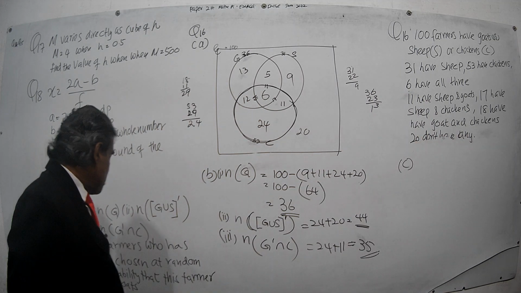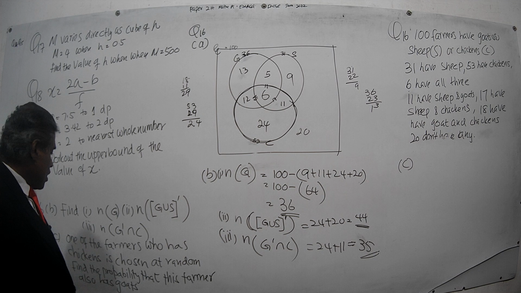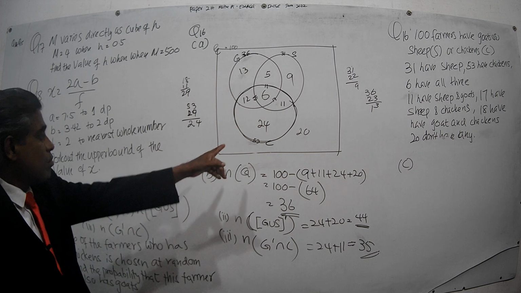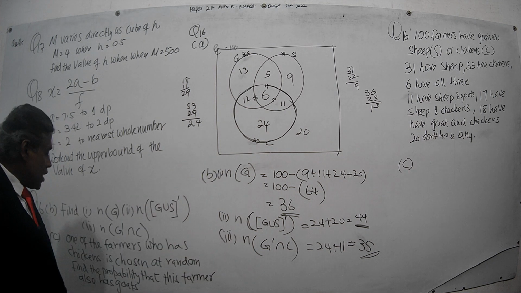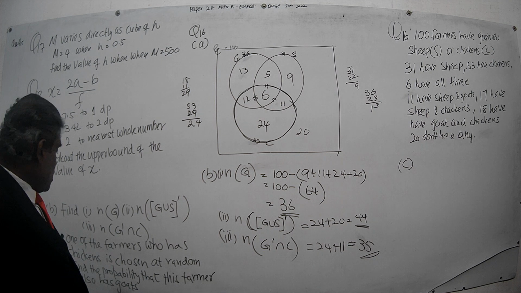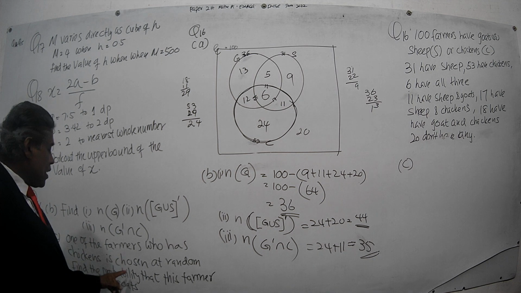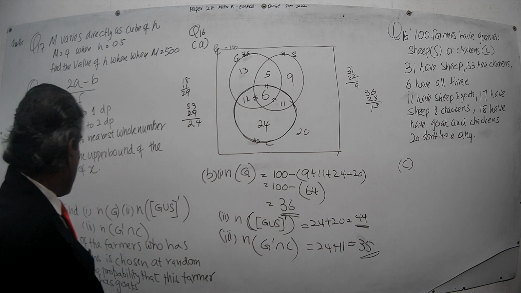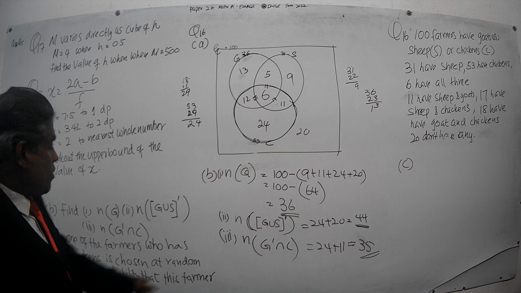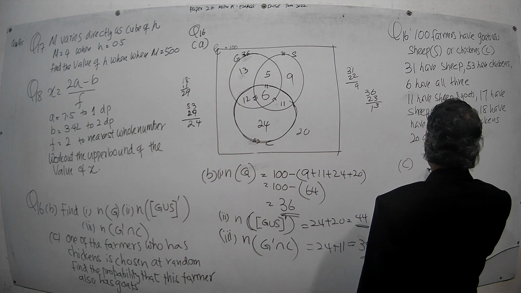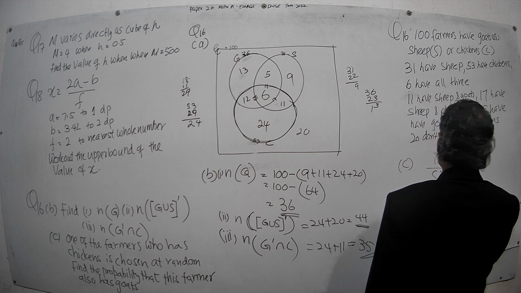Therefore, the probability that a farmer chosen from chicken having farmers has goats is how much? 18 over 53. This is the answer.